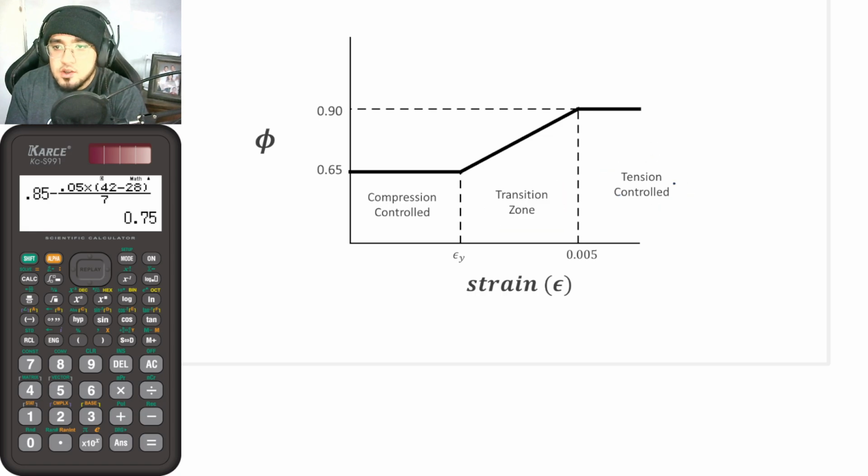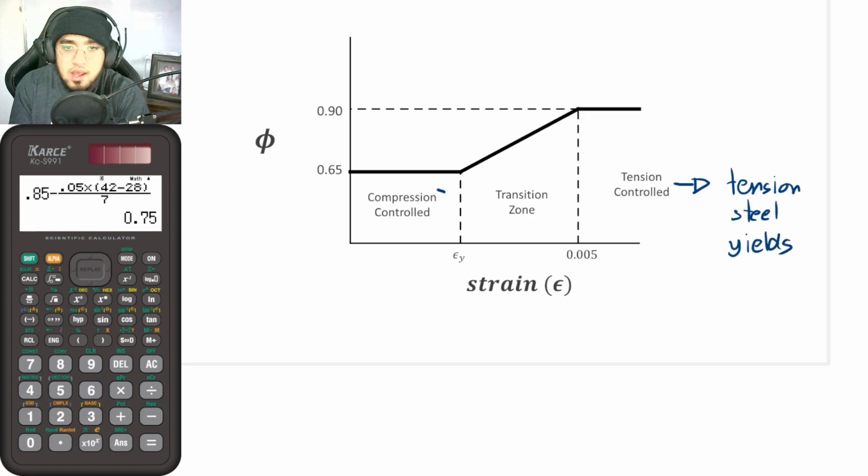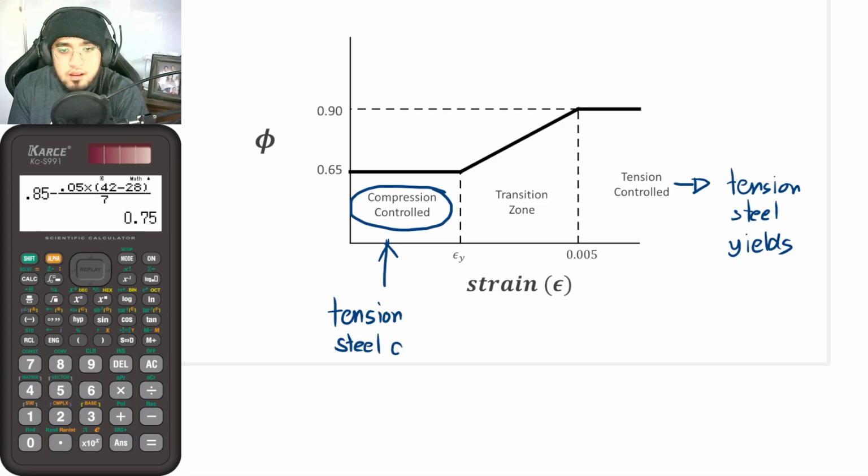When we say tension controlled, it means that tension steel still yields, okay? And when we say compression controlled, it means that tension steel still did not yield.